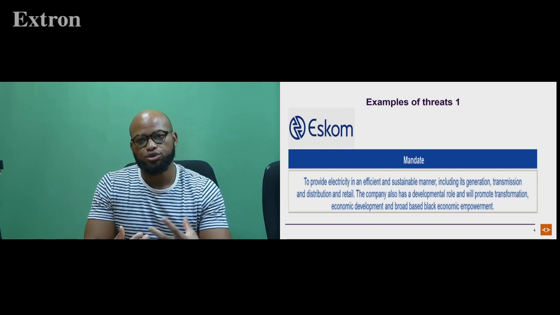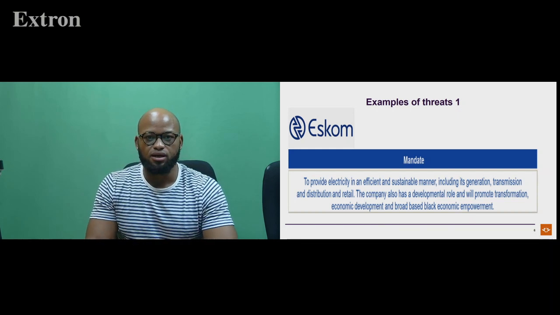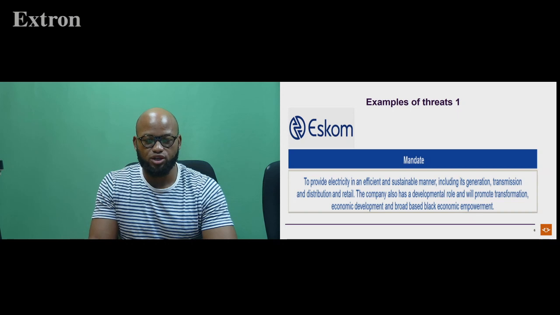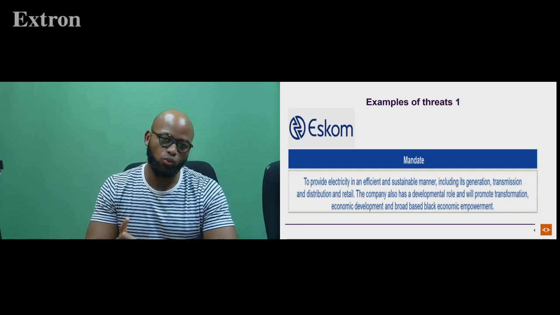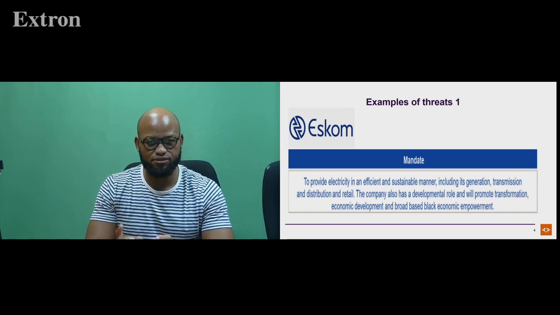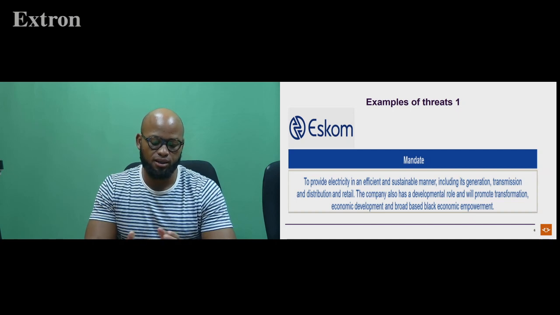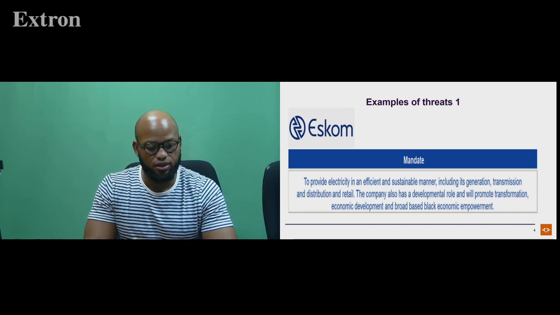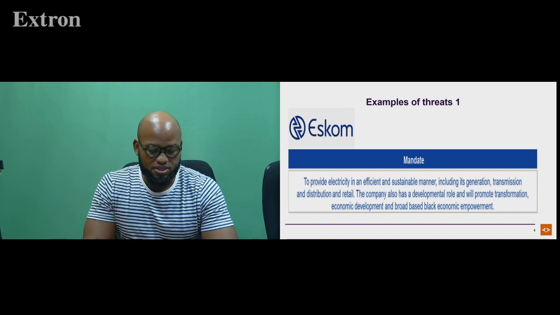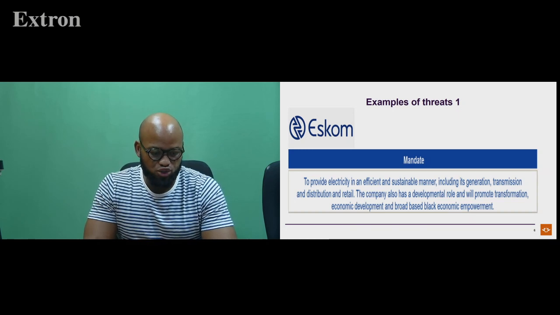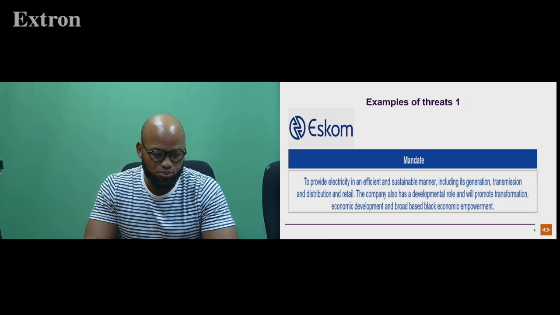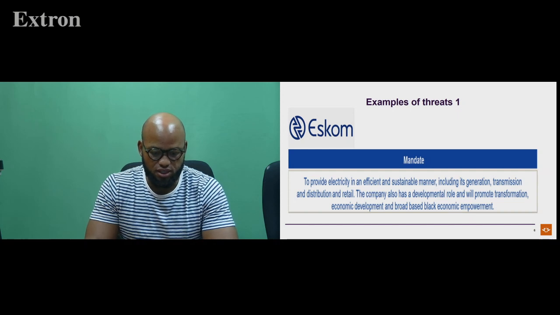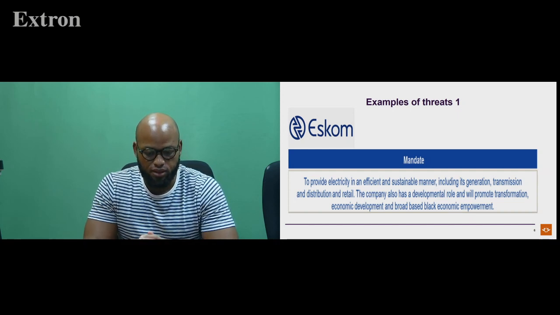Like I said, you cannot understand a risk unless you understand the value creating objective of an organization. So let's look at one objective of Eskom. It will have many, but for the purpose of this example, I've extracted just one. From their website, Eskom has a mandate to provide electricity in an efficient and sustainable manner.